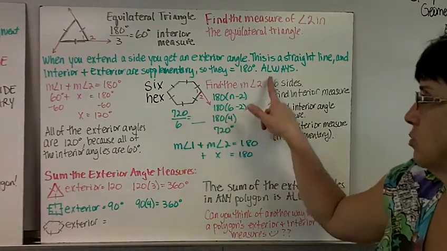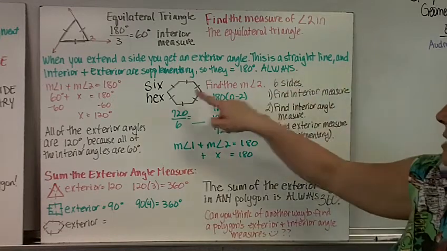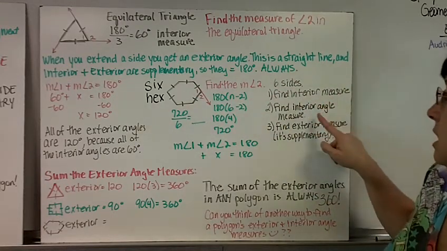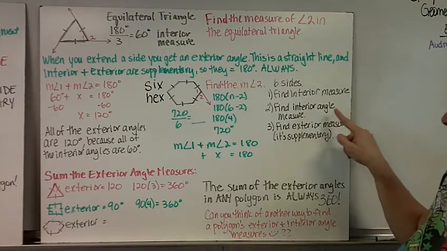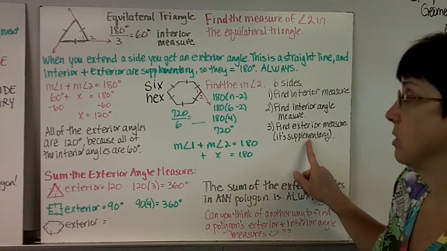So I'm going to, here's a little thing if you want to write it down how to do it, okay? And there's 6 sides in my hexagon. So first I'm going to find the total interior measure, then the interior measure for each angle, and then I'll find the exterior because it's supplementary.